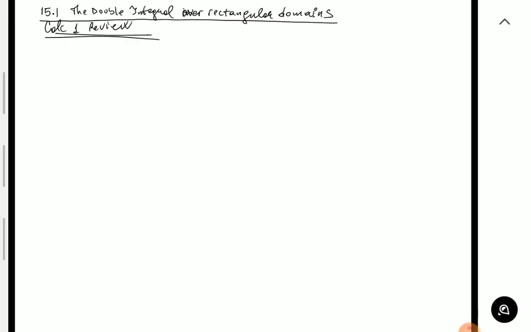So all the way in Calculus 1, toward the end of Calculus 1, we introduced the Riemann integral for a function of a single variable over a closed interval [a, b]. And let's focus on the definition and the default meaning of that integral.